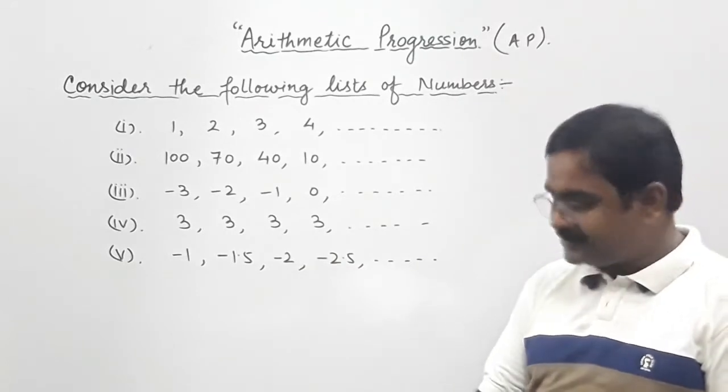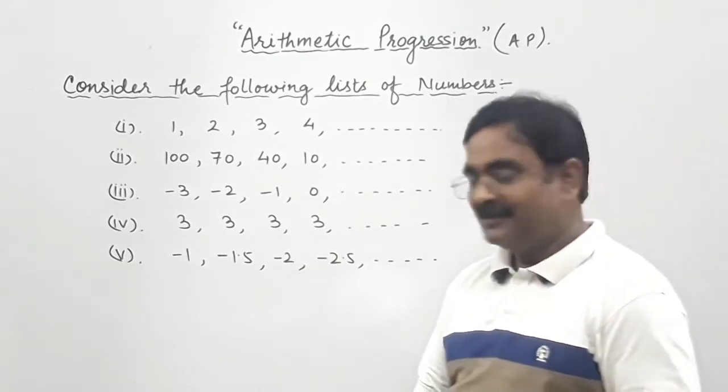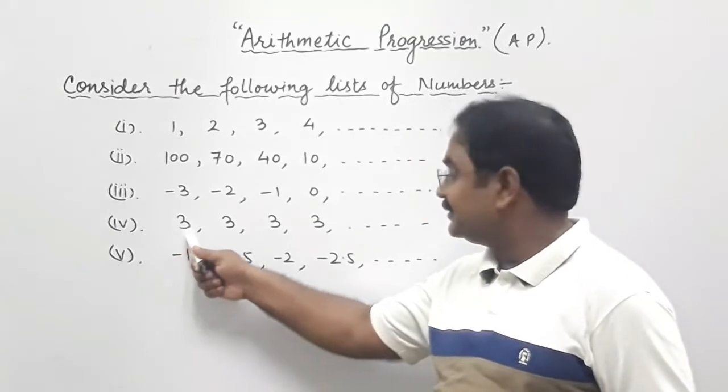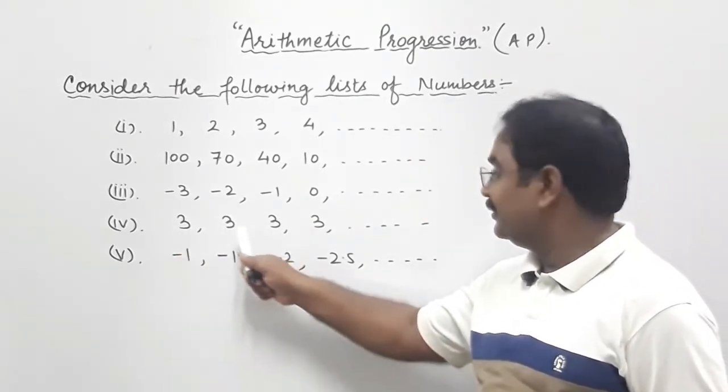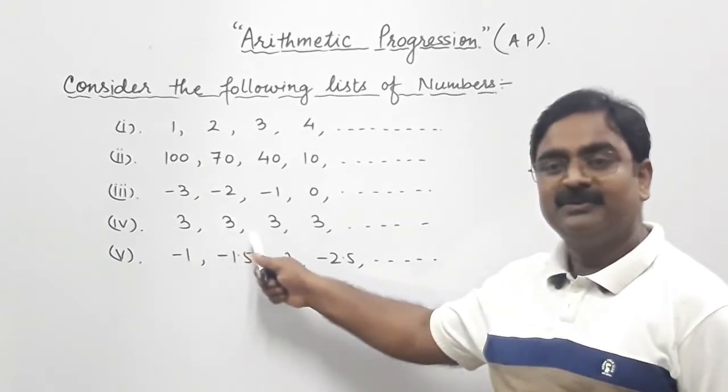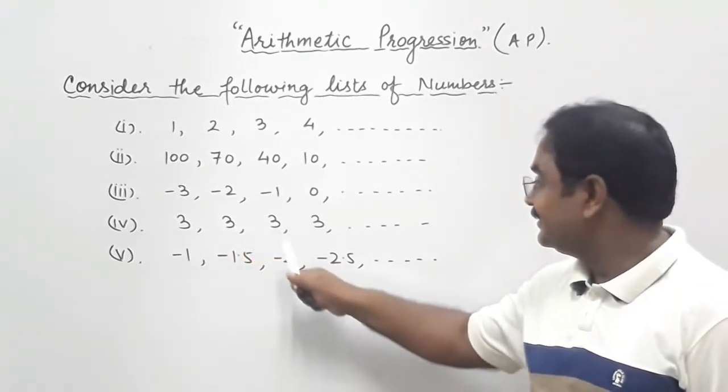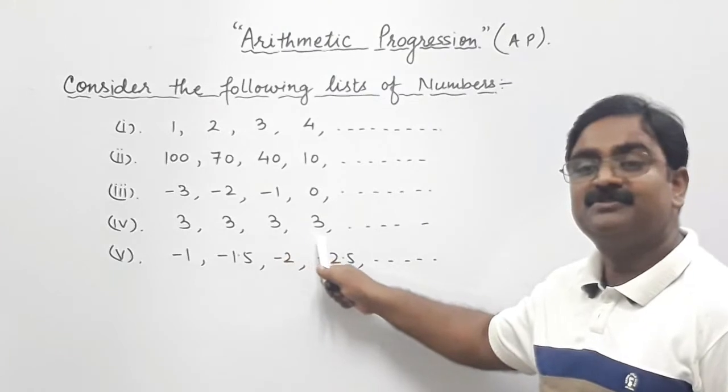Suppose we are taking the example of adding 0. So 3 plus 0 is equal to 3. Again, this term we are going to find out. So 3 plus 0 equals 3. Next, 3 plus 0 is equal to 3.